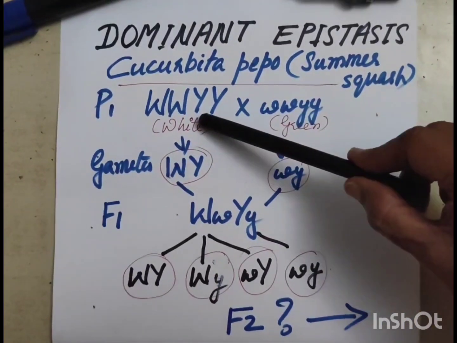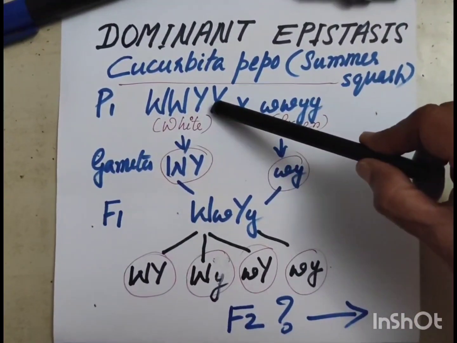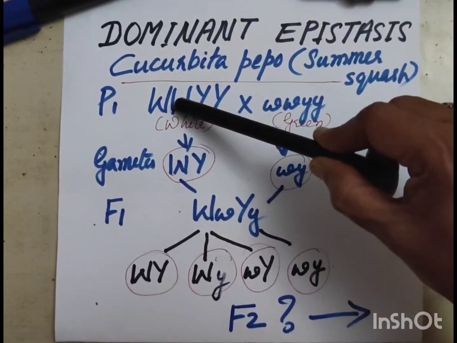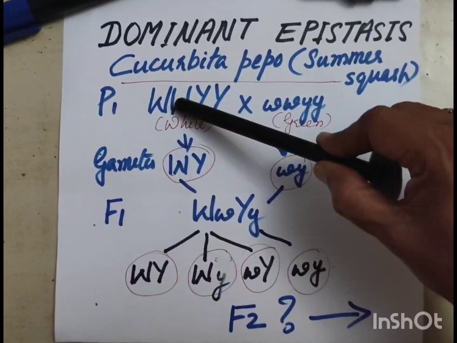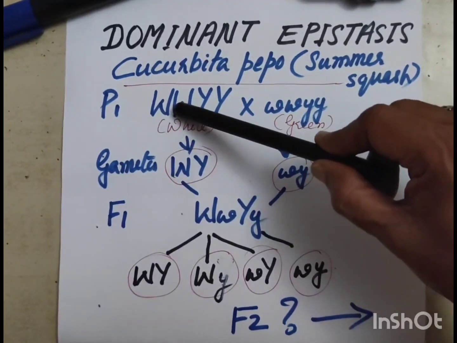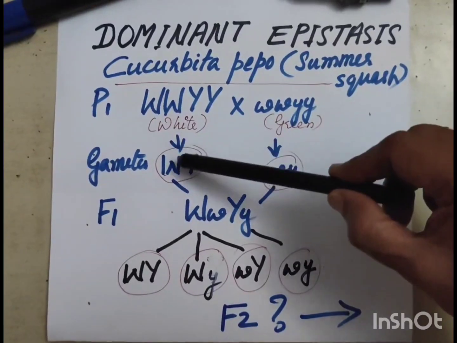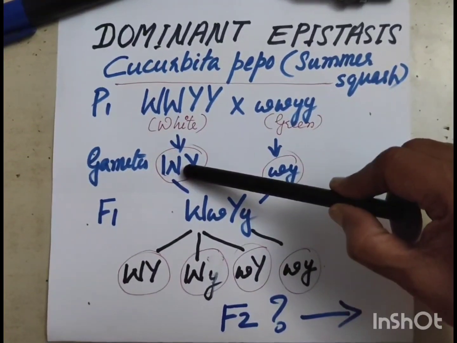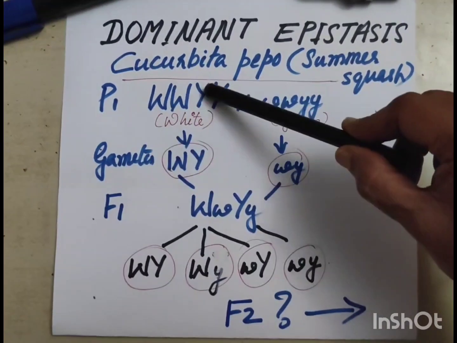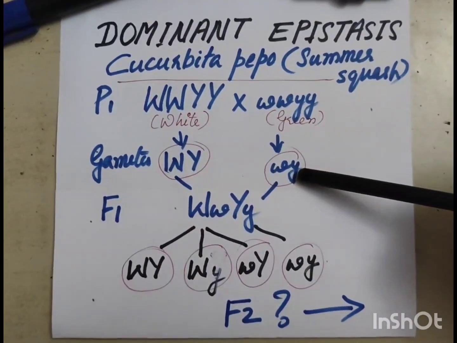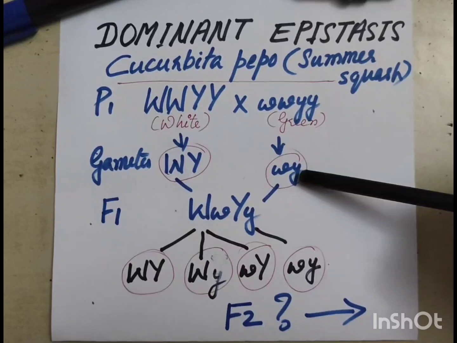Why is it white in color? The expression of capital Y is inhibited by capital W, the dominant allele of the W gene. So, this is the dominant epistatic gene and this is the hypostatic gene. This is the only possible gamete which can be produced from this parent, and these are the possible gametes that can be produced from the other parent. All these things you know very well.